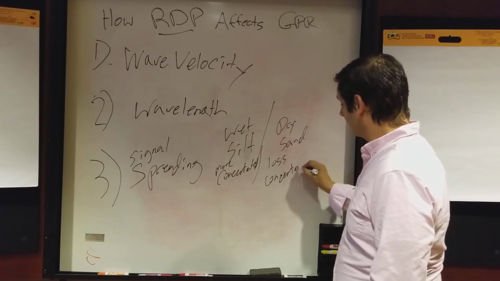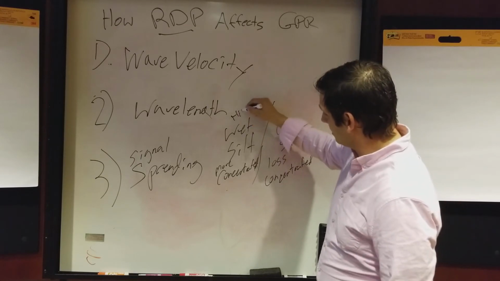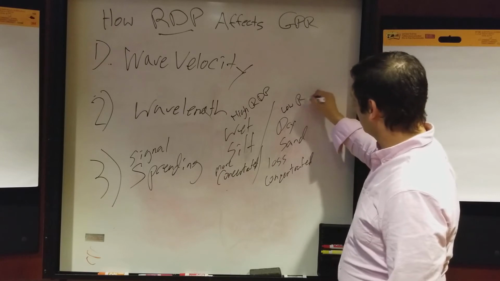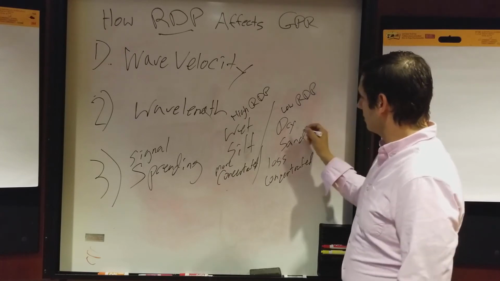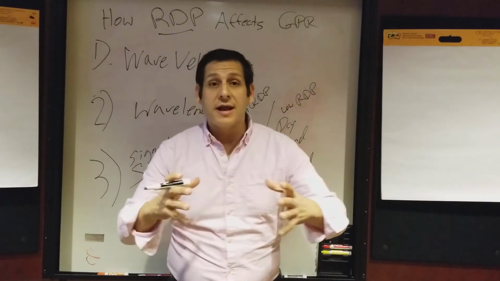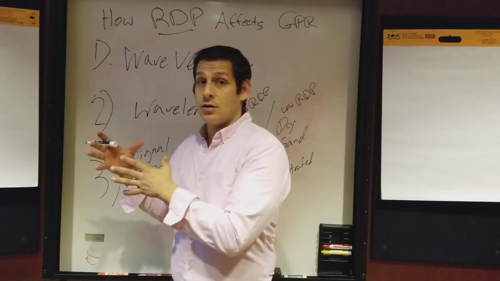This is a high RDP, and this is a low RDP. So dry sand will have less concentration. That means that the signal will spread out further in dry sand than it will in wet silt.